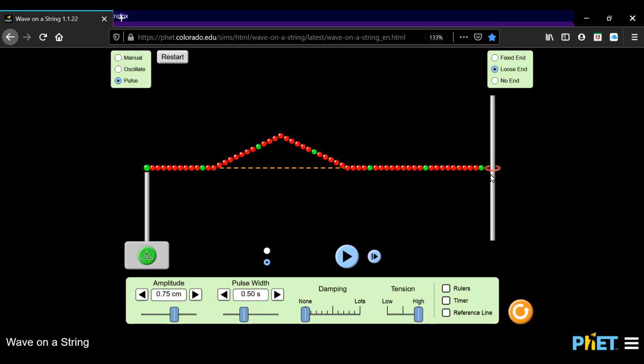Now, the loose end, these are what are called boundary conditions, and boundary conditions are everywhere when we're talking about waves, because you always have to specify. So if this disturbance is moving through a medium, you always have to ask yourself what's going to happen to the disturbance at the boundary.